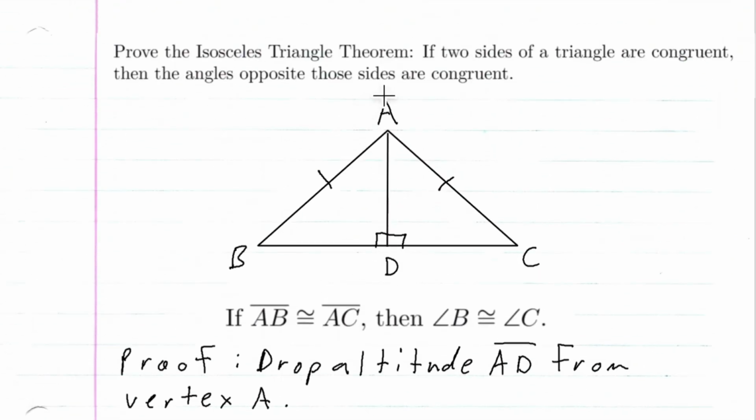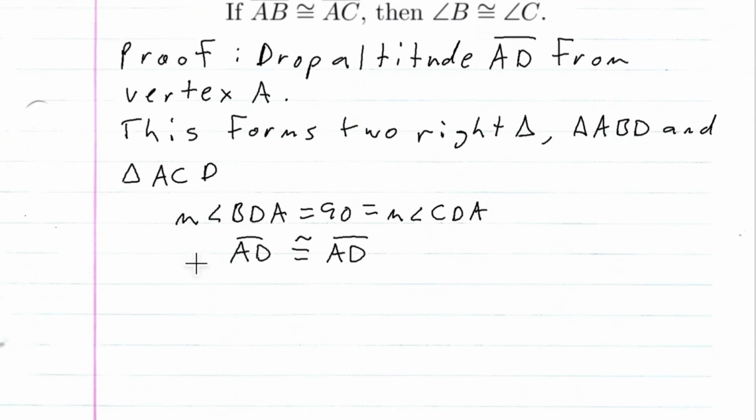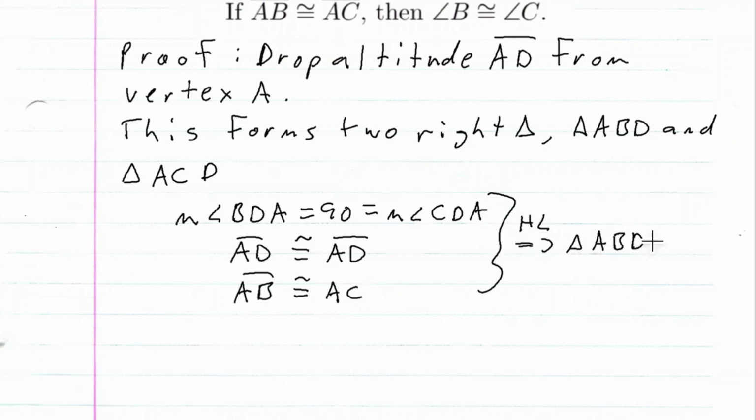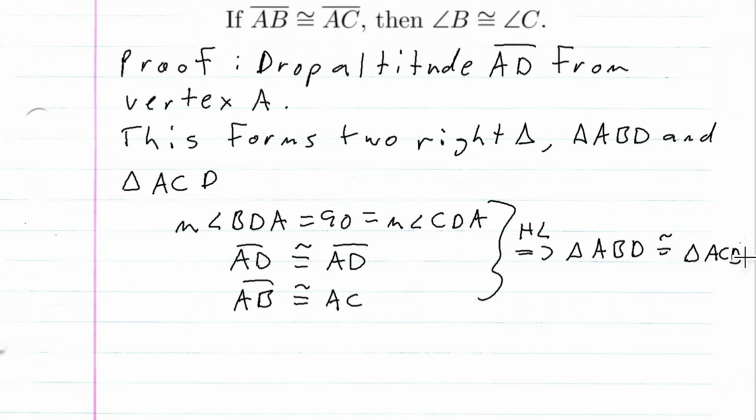That leg is congruent to that leg. And we have that AB is congruent to AC. So this means, by the hypotenuse leg theorem, that triangle ABD is congruent to triangle ACD, right?